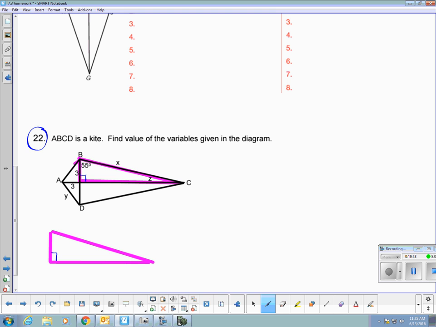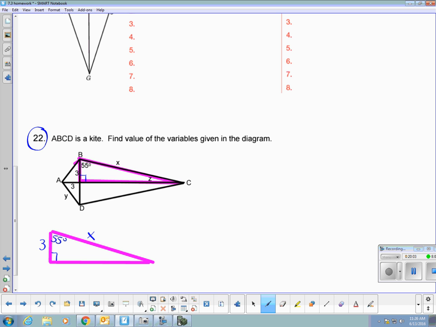In that right triangle, I know that this leg is 3, this angle is 55 degrees, and I want to find the value of x. To do that, I can use trigonometry.